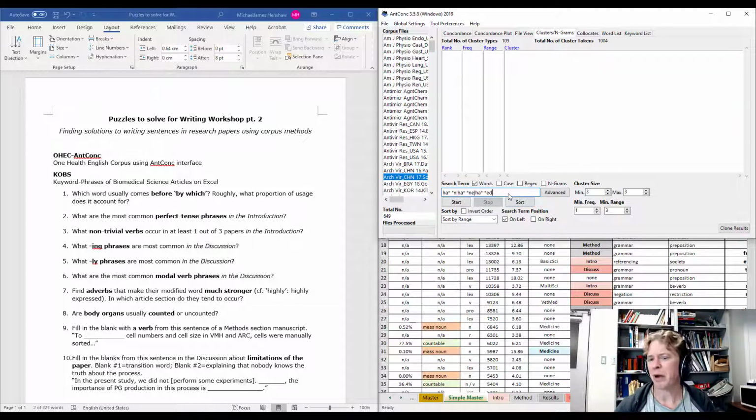Well, I've already put in my formula here, and I'm using these wildcards in a few different ways. So first of all, I do HA with the wildcard search. That will include have and has and had. All three of those will be included here.